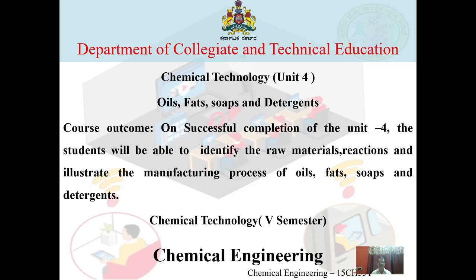This solvent oil mixture is subjected to filtration in a rotary drum filter to separate the extracted oil and the solid material, that is oil cake. The filtrate, that is the oil obtained, is then processed. In the processing of the oil, there are three steps.